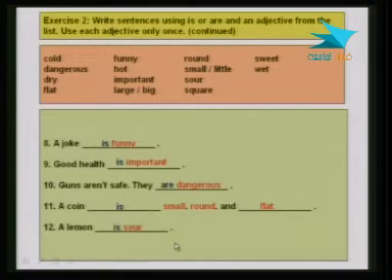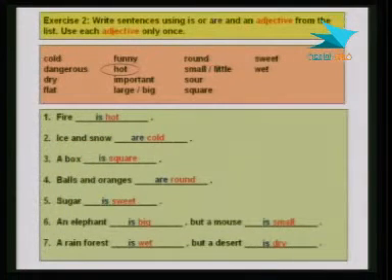That is the end of this exercise, and with it we come to the end of this session. So let's just get back a little bit to review the beginning of this exercise. Again here, these are all adjectives, okay?